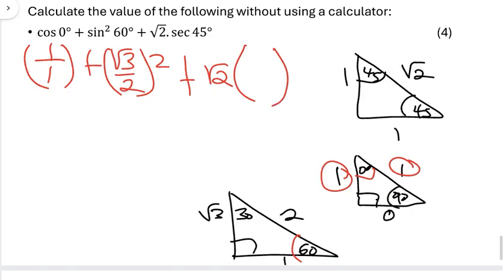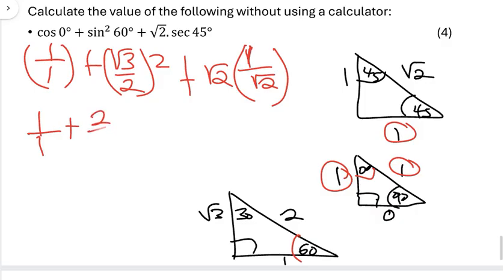Sec is the reciprocal of cos, so it's going to be 1 over the hypotenuse, which is square root 2.